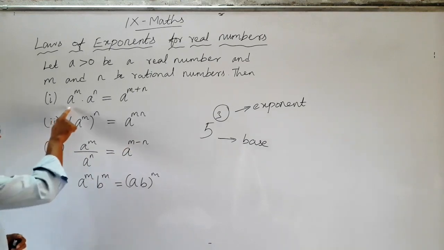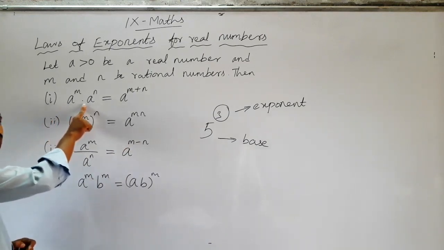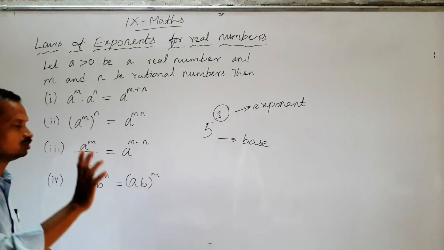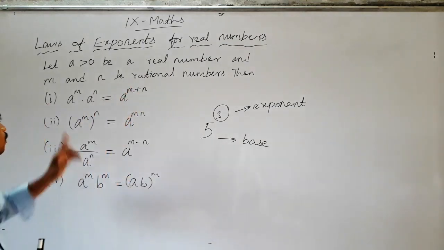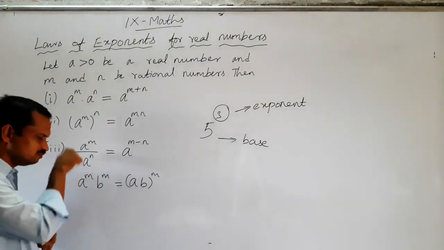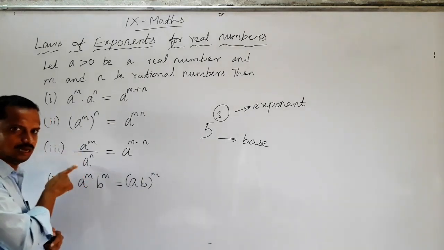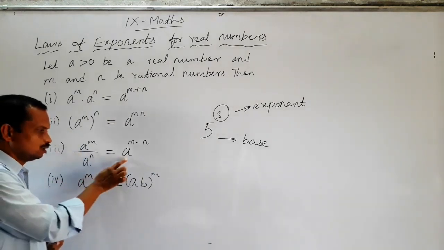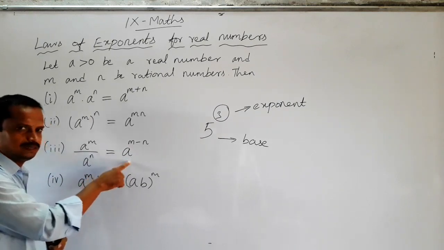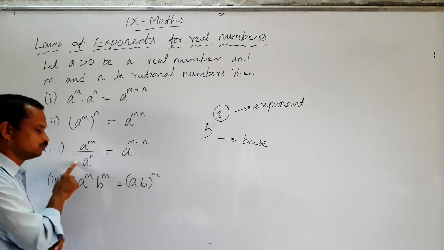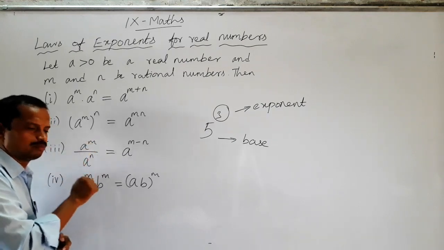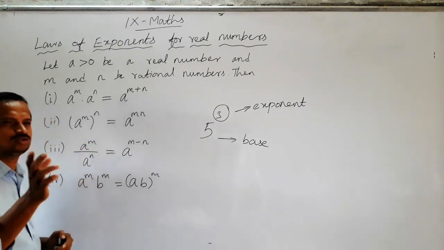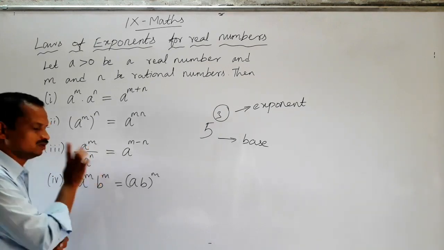You see, the first one, product of the same bases, so in the exponent, sum of the powers, m plus n. Here, division, same base but divided. So you put the same base a, but in the exponent, you have to subtract. So m minus n, we have to subtract. That is the difference of the powers.